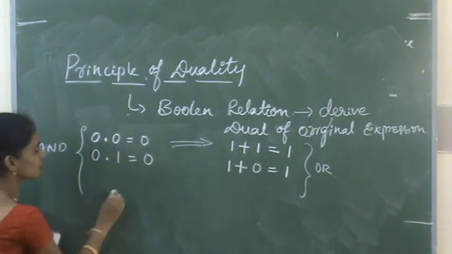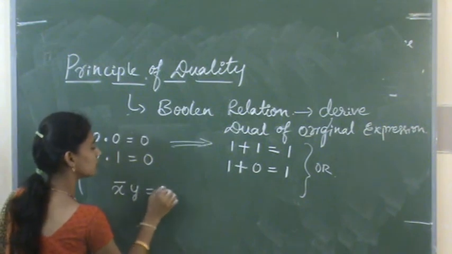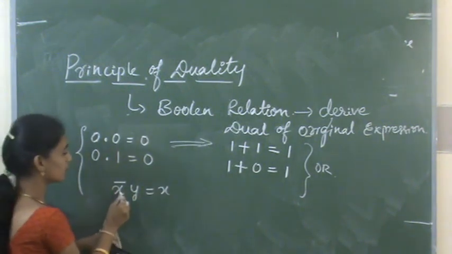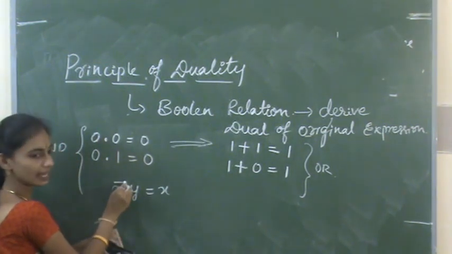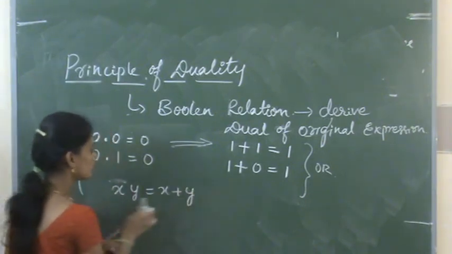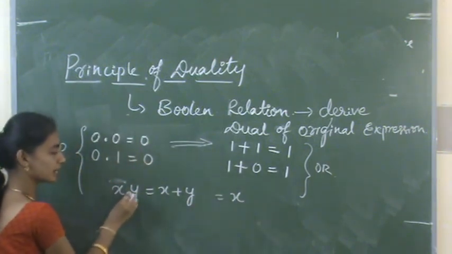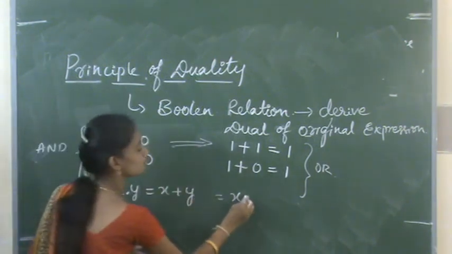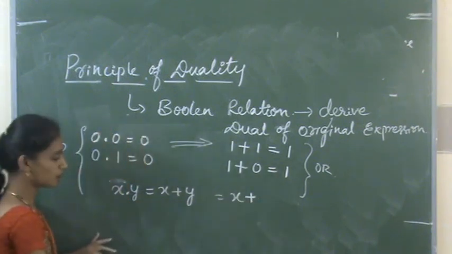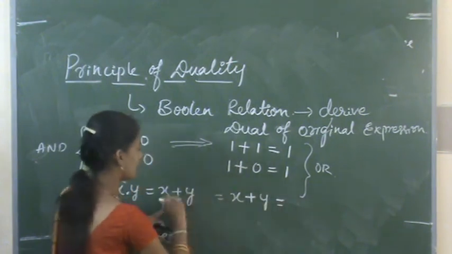Okay, suppose we take x into x plus y equals x. What do we have to change? We write x as it is. We have the AND operator here, so that has to be changed to the OR operator, and then y equals x.